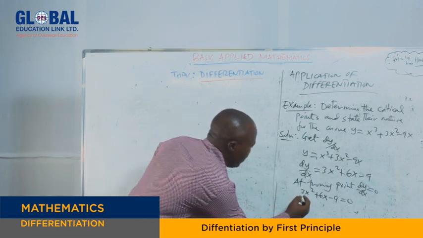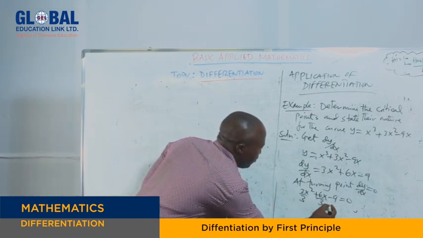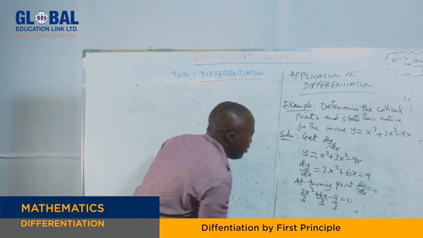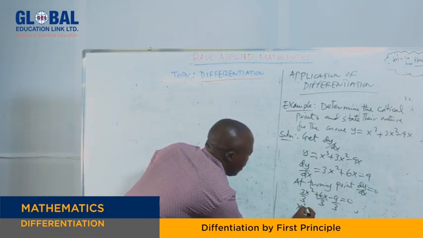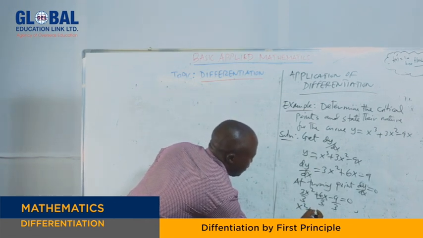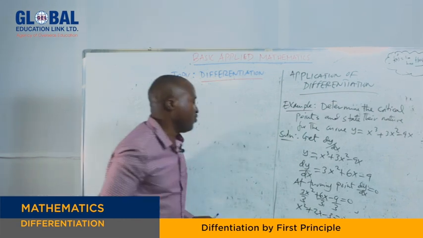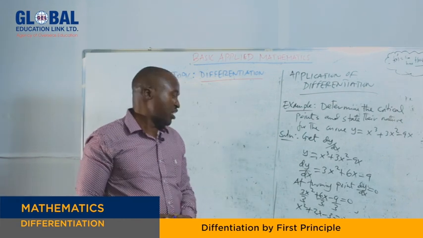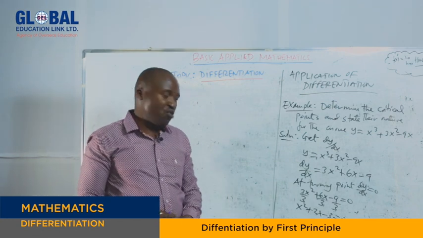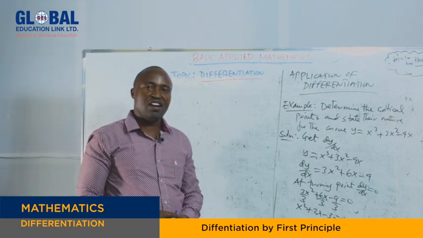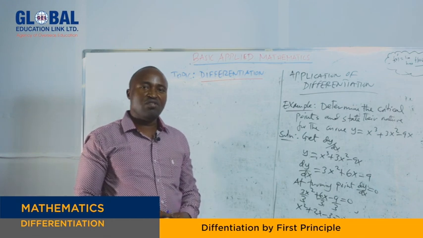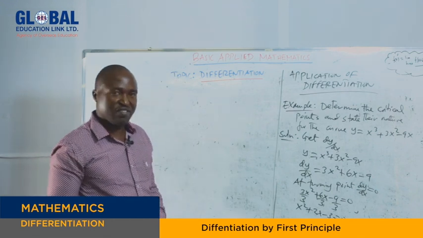Of course, we can divide by 3 to each term. We are going to have x² plus 2x minus 3 is equal to 0. Of course, you can use your scientific calculator to solve this one, or you can use the quadratic general formula to find the values of x.